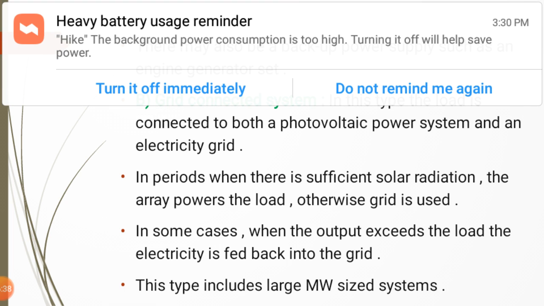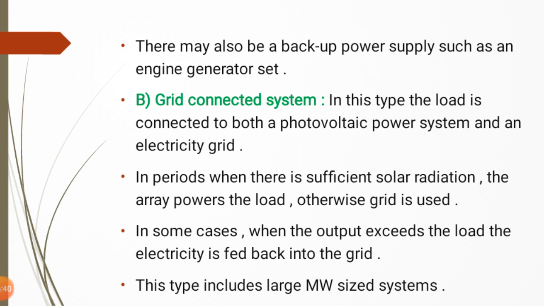So the excess energy is fed back to the grid, and the grid is used to store that energy or electricity.